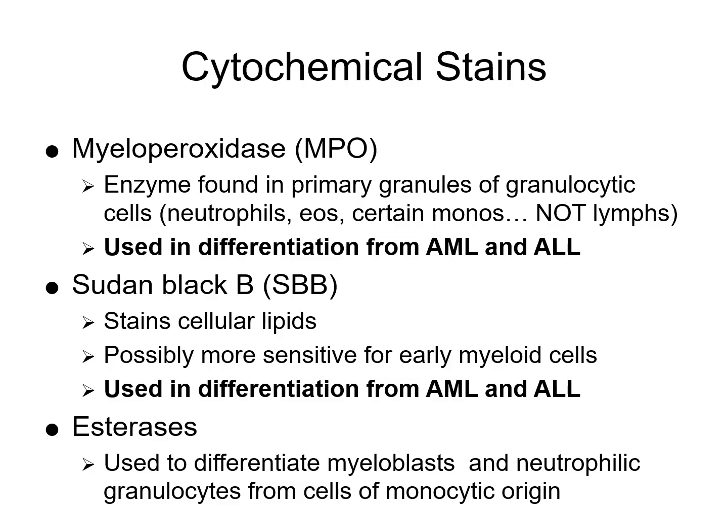The next one is esterases. Non-specific esterase is predominantly found in monocytes and their precursors. There are also specific esterases, which are typically found in granulocytic cells like neutrophils. Esterase stains are used to differentiate monocytic cells from granulocytic cells in acute leukemia.